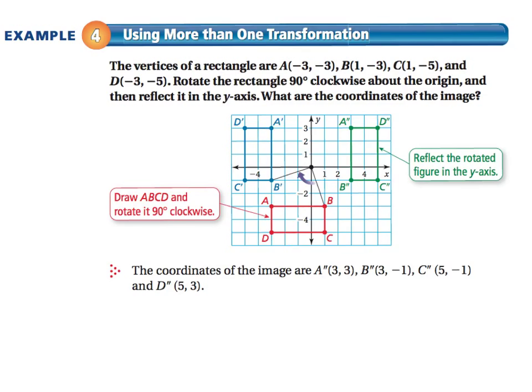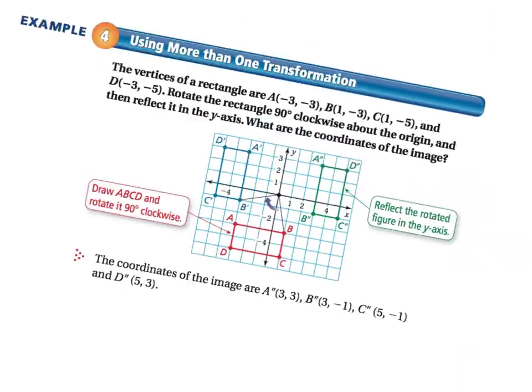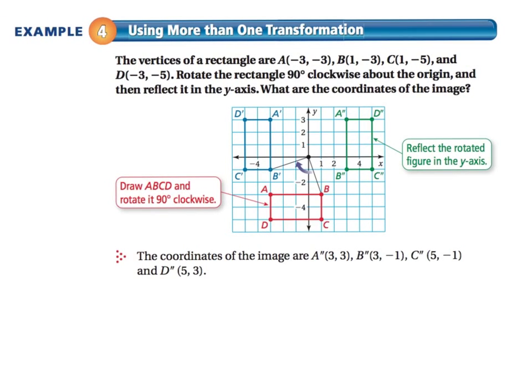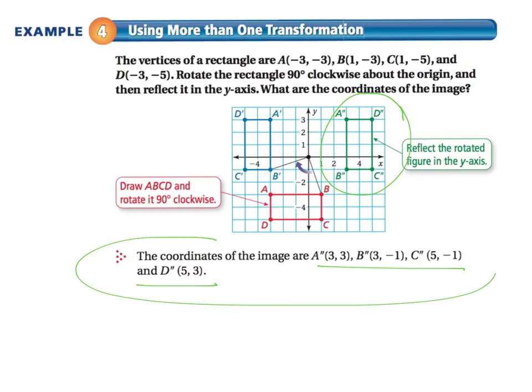It turned. It went just like that to get the blue one. So now, once we did that, we reflect it over the line of reflection, which becomes the green. And so the green, which is A double prime, B double prime, C double prime, D double prime, we want the vertices of those points, which would be that.